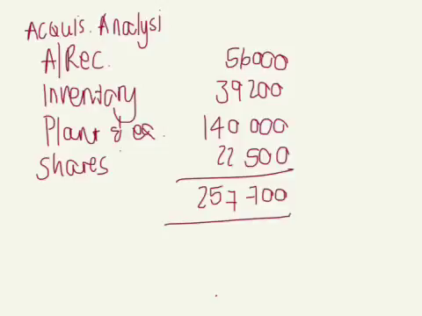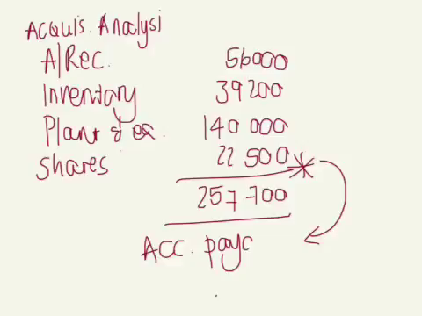Now, why don't we deduct accounts payable from here? Because if we do the acquisition analysis, we calculate the net fair value of the identifiable assets and liabilities acquired, so why don't we include any liabilities in this question in the calculation?